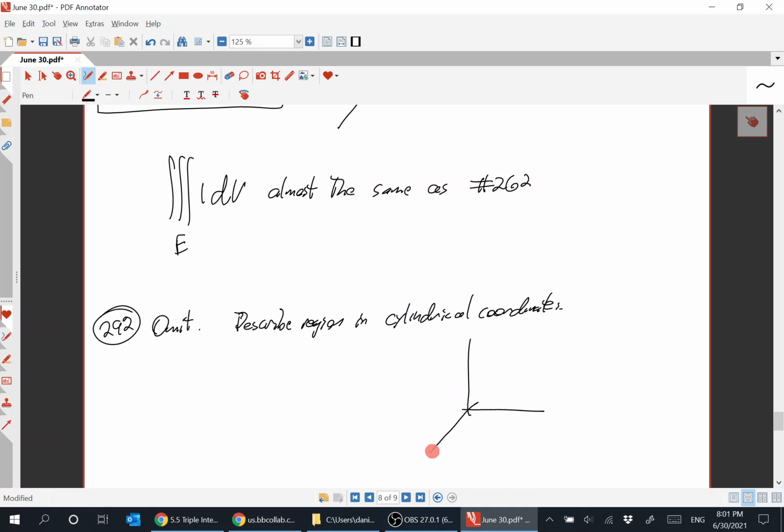So essentially, you're just going to do 1/8 of this thing. You have this sphere of radius 4, and you're going to drill out the cylinder of radius 2.